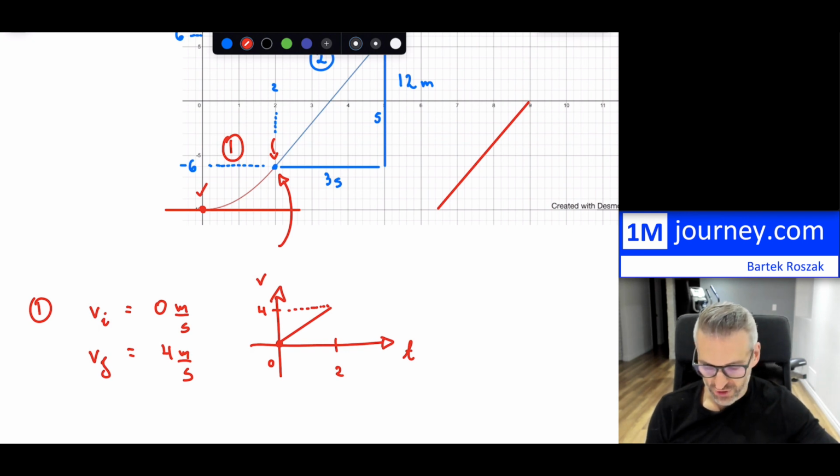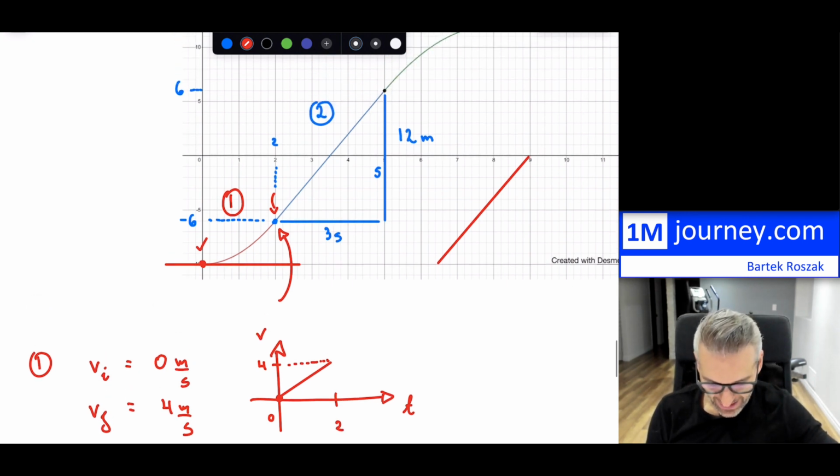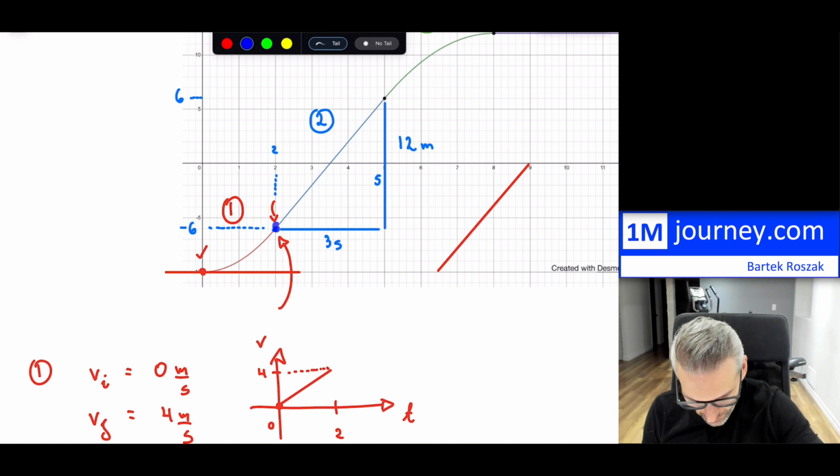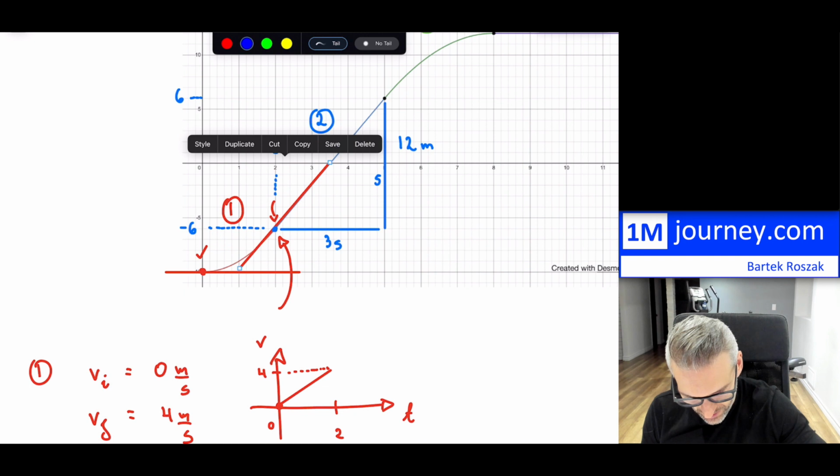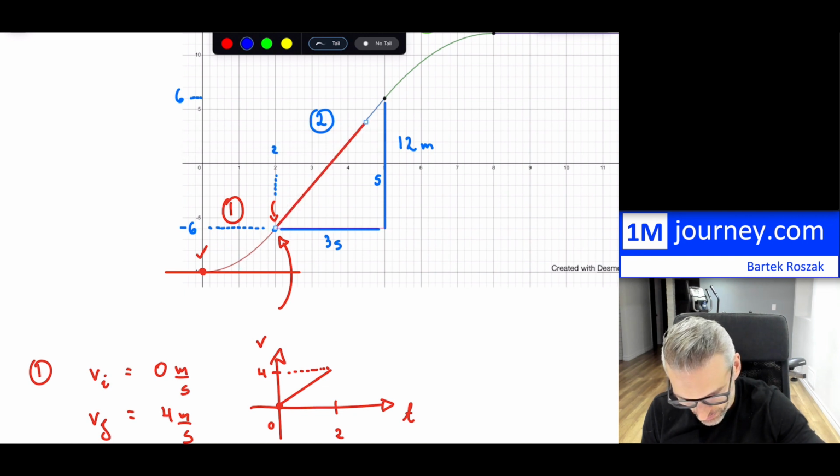So that's that first stretch. Now that second stretch, from here all the way to here, is a straight line, which, as I told you, has the same slope as this, as you can see there, they align exactly at that point.